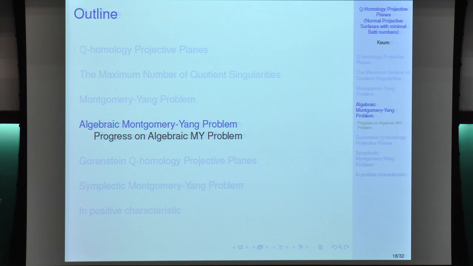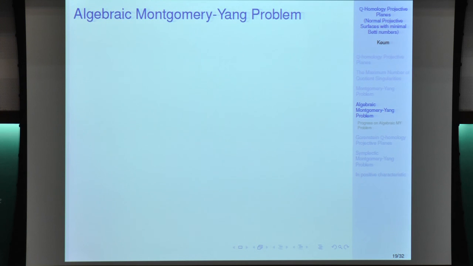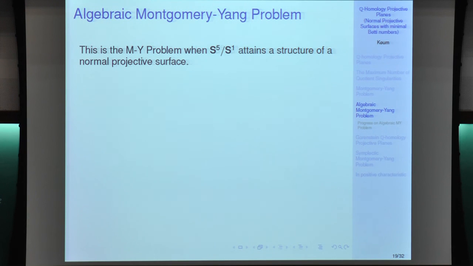So let me finish in the final minutes. What is the algebraic Montgomery-Yang problem? After all, we are algebraic geometers. Forget about topology from now on. This is the Montgomery-Yang problem in the case when this orbifold attains the structure of a normal projective surface.